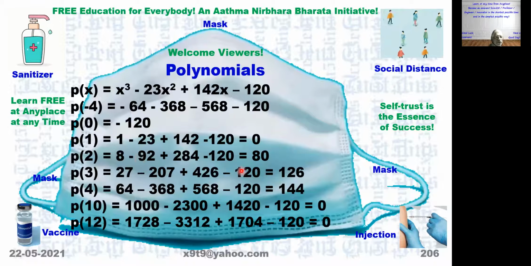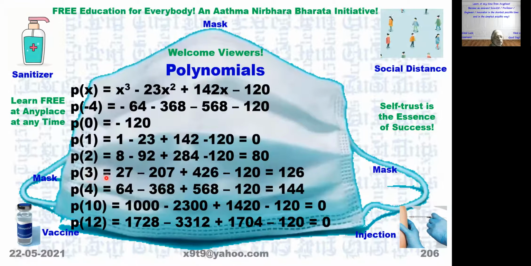So these two added, 284 plus 8, that is 292. Oh, it is not cancelling. Okay, so we will get 80.